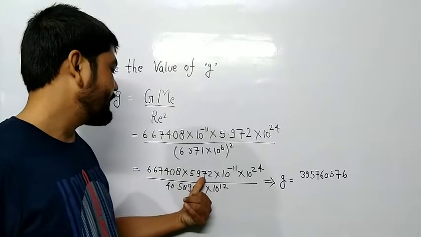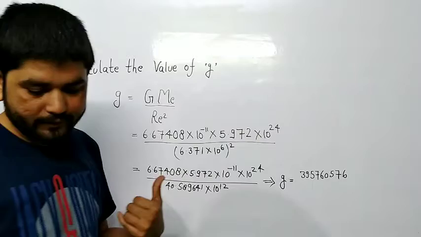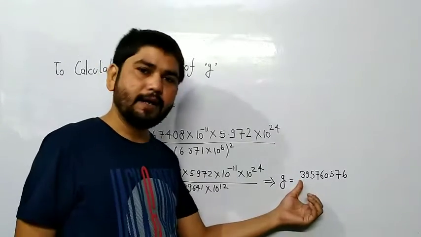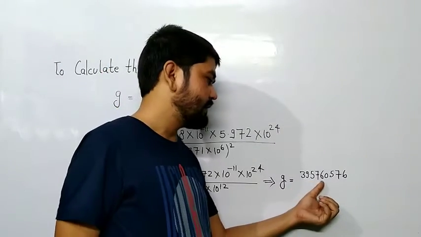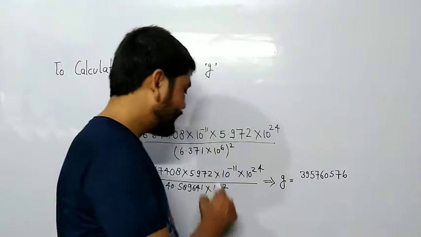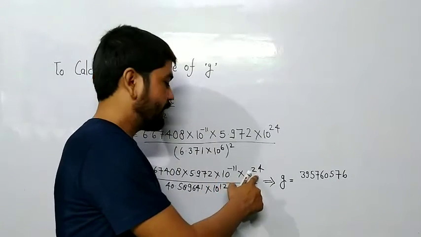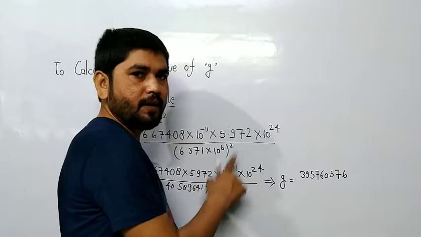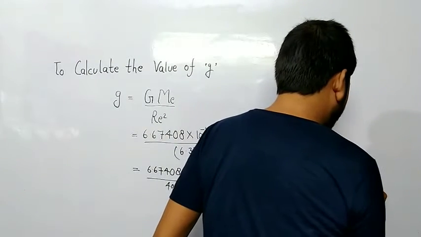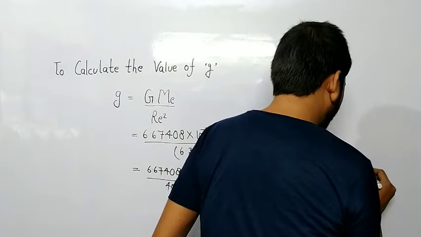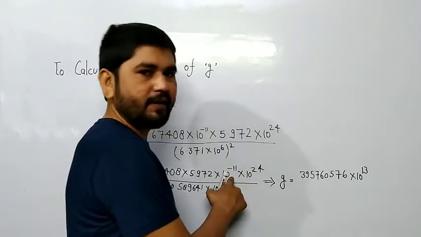This is the product of 6.67408 into 5.972, 39.5760576, and here see it is minus power and it is plus power. 24 minus 11, what will come? 10 to the power 13, because 24 minus 11 is 13.